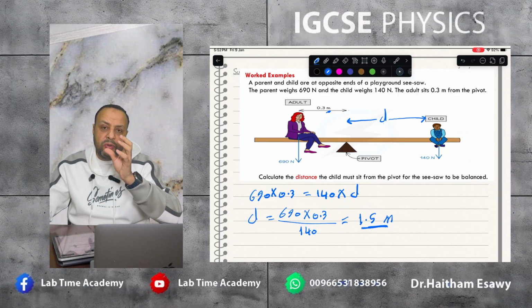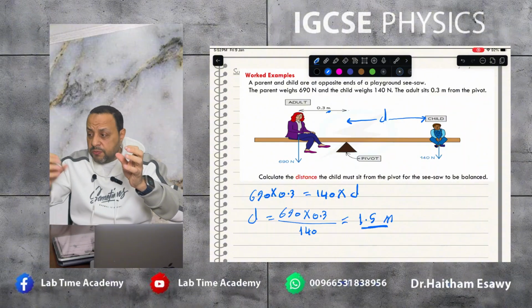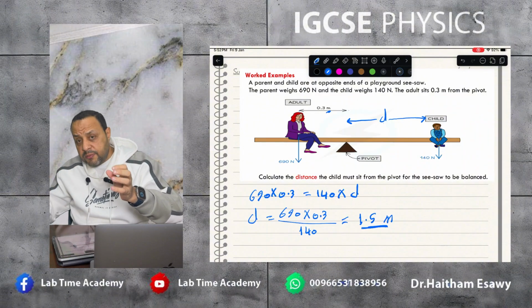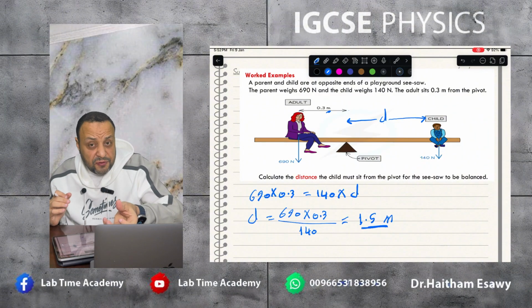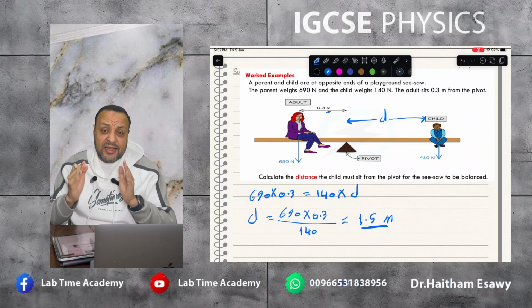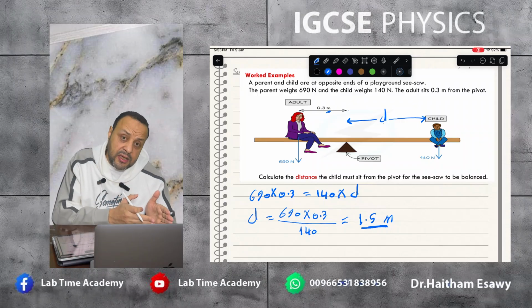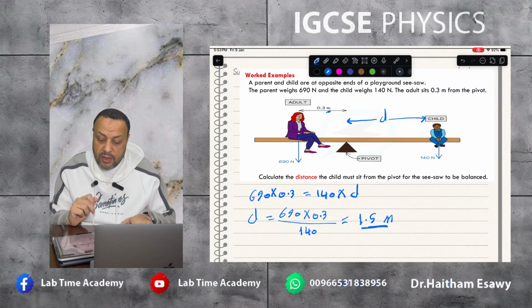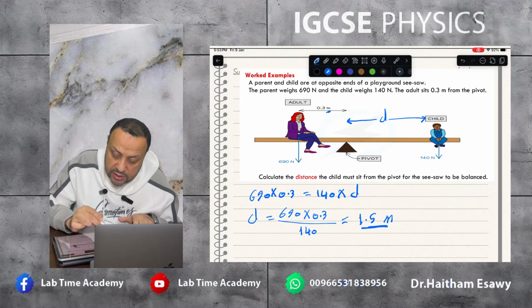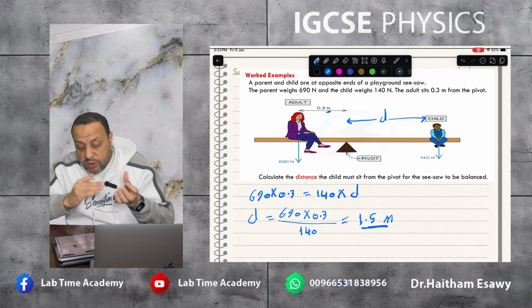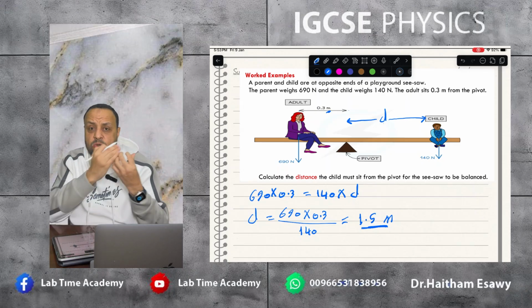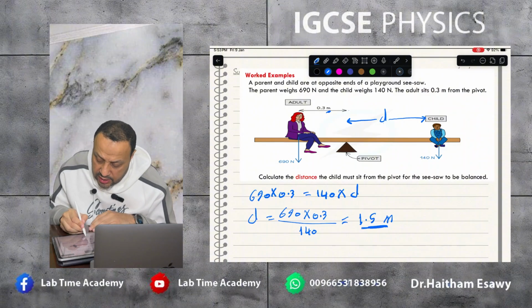If he asked you to get the moment of force, it will be Newton dot meter or Newton dot centimeter. If he asked you to get the force, it will be in Newton. If he asked you to get the distance like this problem, it may be meter or centimeter, according to the question. Here the old distance is in meter, so the new distance will be the same as the first one, 1.5 meter.